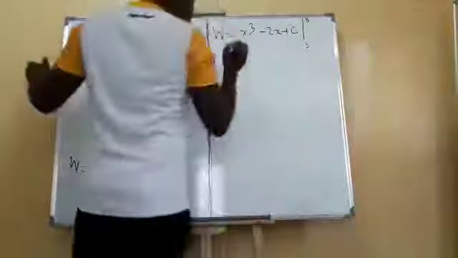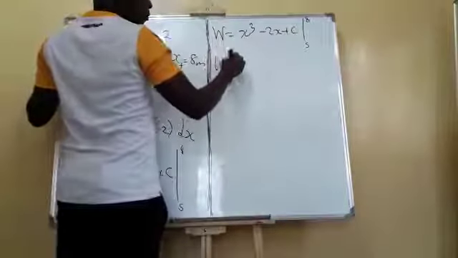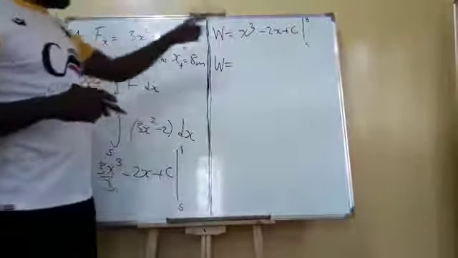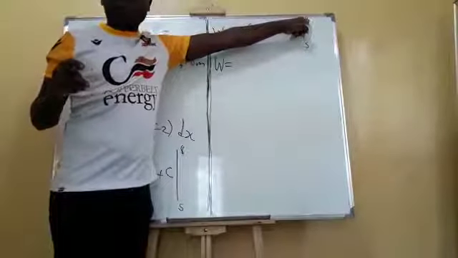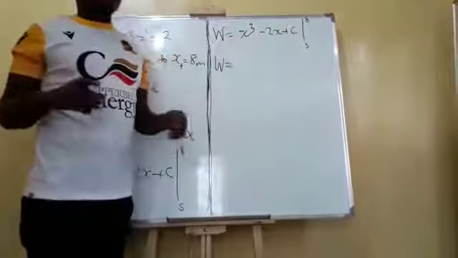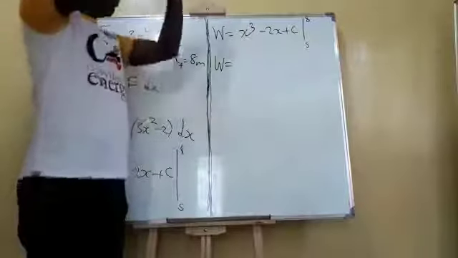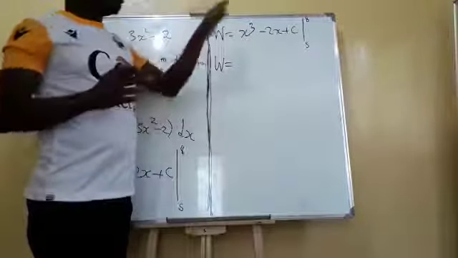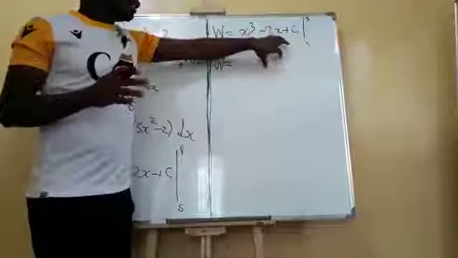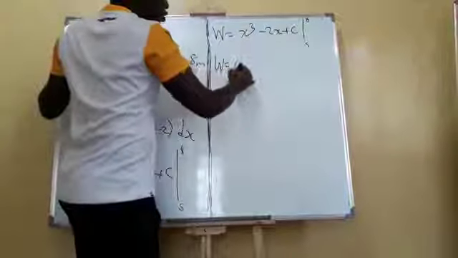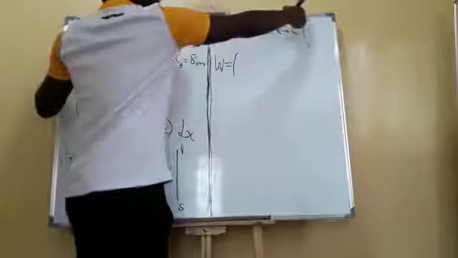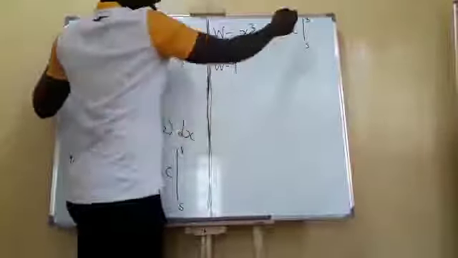So, what does that mean? We have to replace the value of x by the limit. The one on top is known as the upper limit, this one is the lower limit. It means that we have to work this out now. We are going to replace first the upper limit minus the lower limit. This means that first we are going to replace x by the upper limit, which is x is equal to 8.